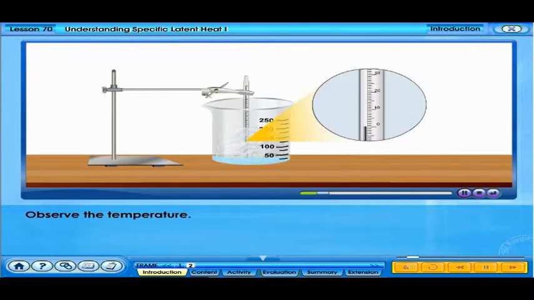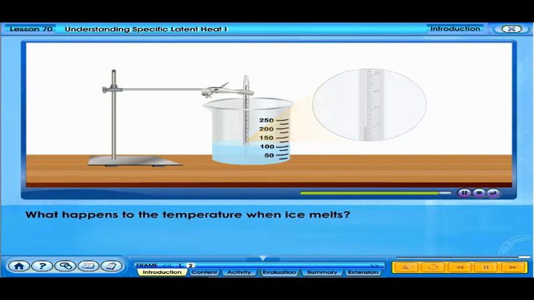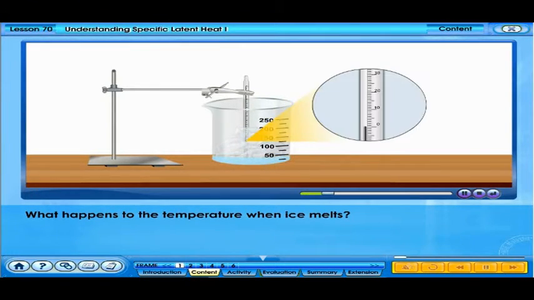Observe the temperature. What happens to the temperature when ice melts?